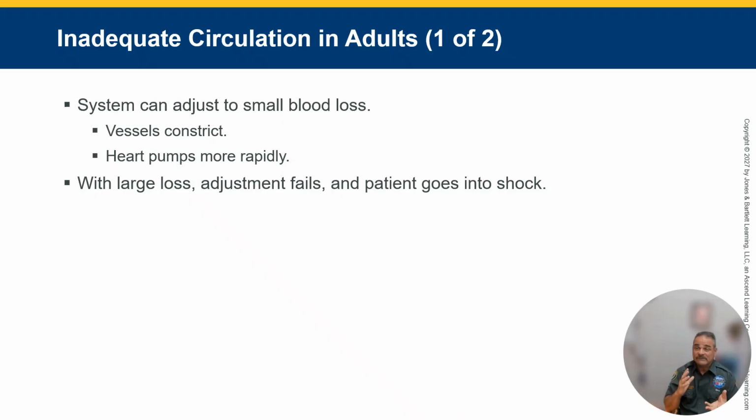Okay, the system can adjust to compensate for small amounts of blood or fluid loss. The vessels constrict to give us a squeeze, and then the heart pumps harder so that we can push more blood. But with a large loss, the adjustment fails and the patient goes into shock. So it can only compensate for so long before the patient goes into shock.